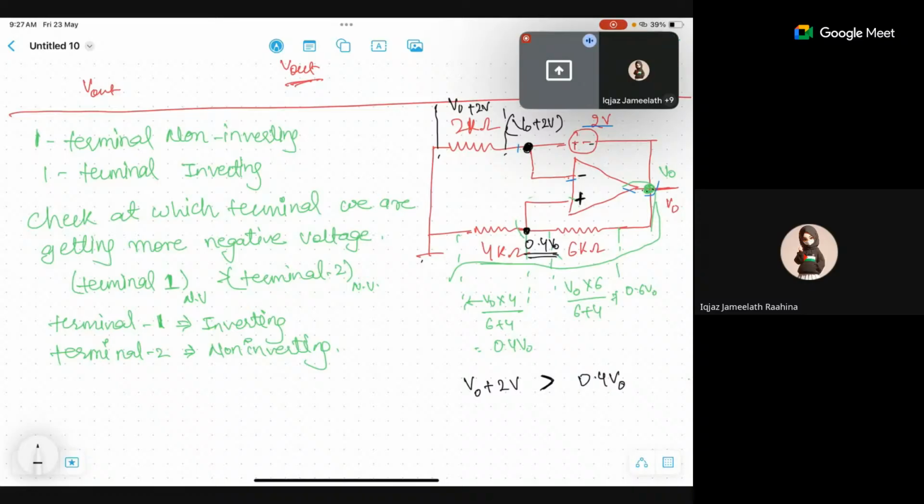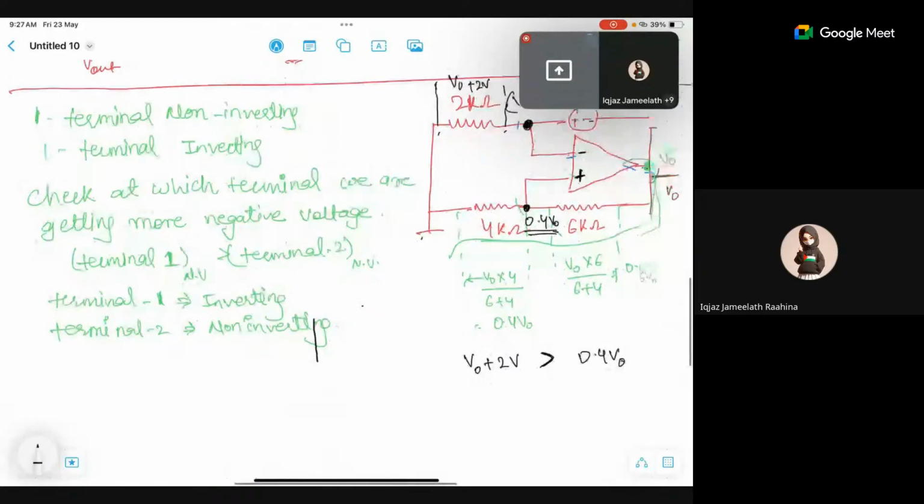First of all, we identify the terminals. If the question asks which terminal is positive and which is negative, we have to identify the terminals. Now, how do we identify the V node?